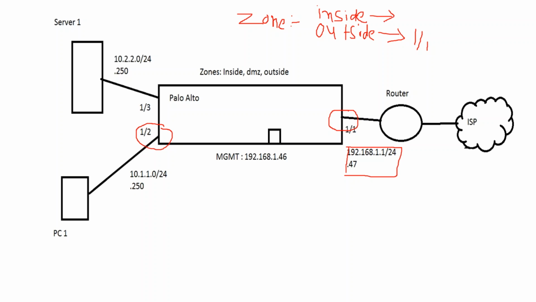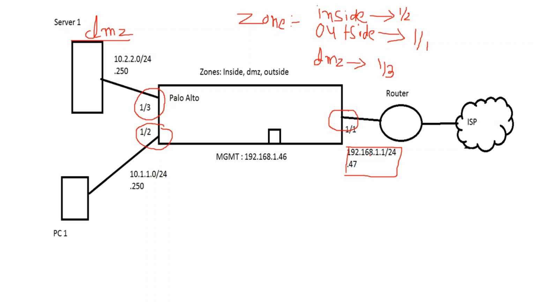This has the interface 1/2, and we have one more interface, 1/3, and which zone is this? Our DMZ, right? The public server DMZ zone. So we have one more zone called DMZ, and it has the interface 1/3.